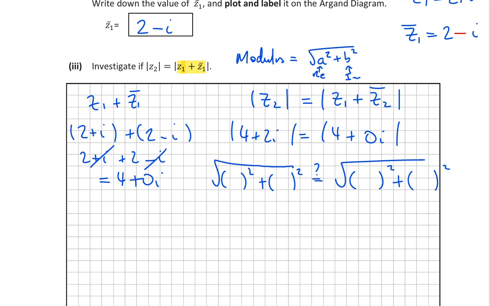On this one here, the real is 4, the imaginary is 2, and on the other the real is 4, the imaginary is 0. So you can clearly see there that you're going to get 16 plus 4 is 20. That's going to be 2 root 5 on that side, and that's not going to be equal to the square root of 16, which is 4. So basically, that means that the modulus of Z2 is not equal to the other side. The distance from the origin to Z2 is not equal to this one over here.